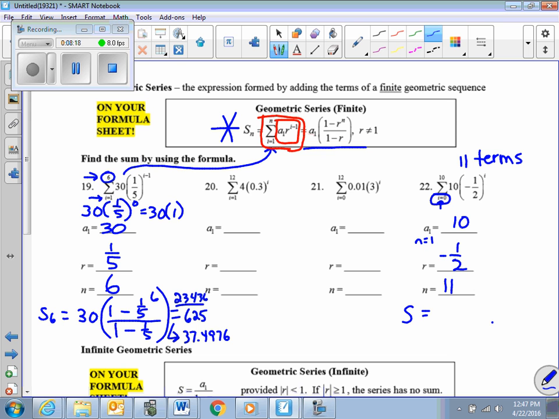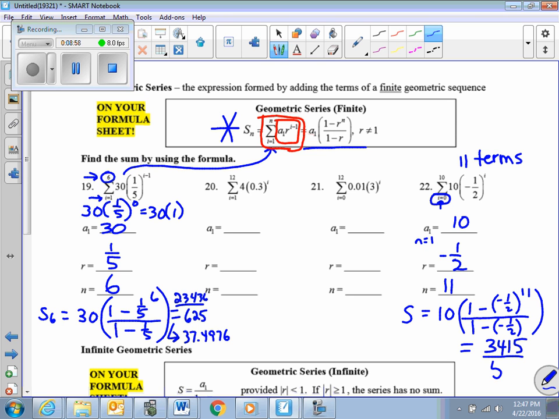So S is going to be 10, and then I'm going to use my formula that I use when I'm doing it by hand: 1 minus negative 1/2 to the 11th power, because remember we got 11 terms, and then I got 1 minus negative 1/2 down here on the bottom. When I multiply all that out, I will end up with 3,415 over 512. I hope I got this correct.